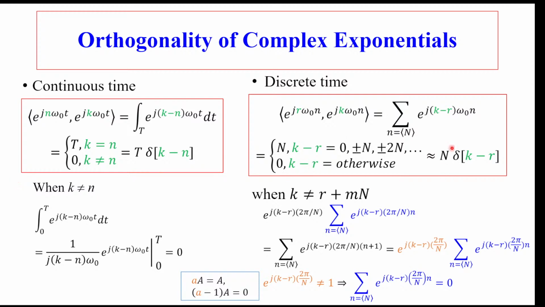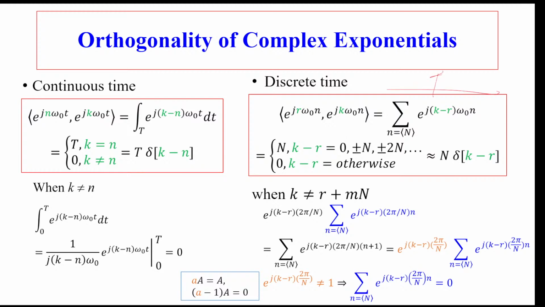Anyway, you see that this is very similar to the period times delta k minus r, but I only write an approximate sign here, because this is not actually a delta, this is what we call an impulse train, as we will say later.